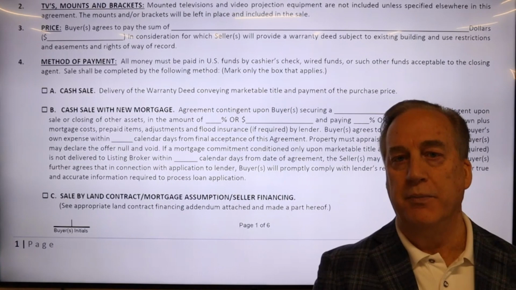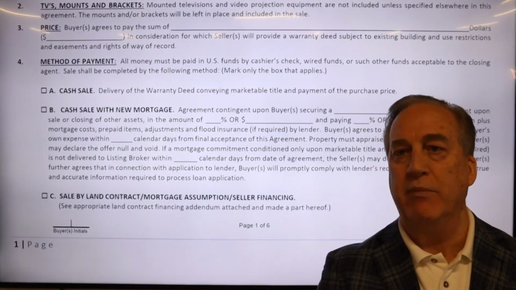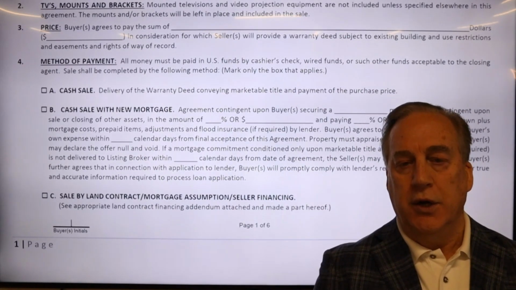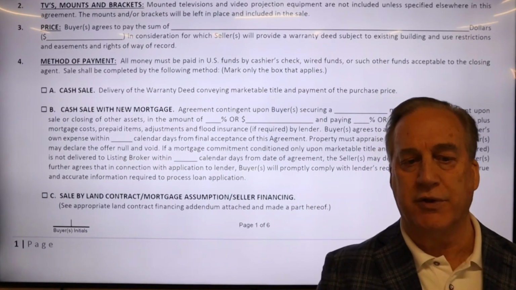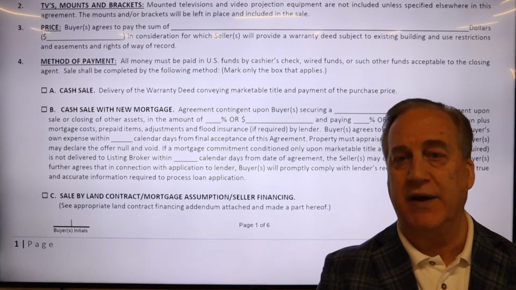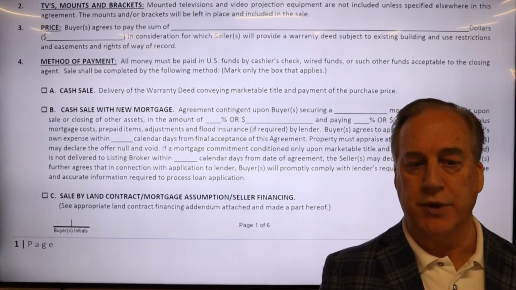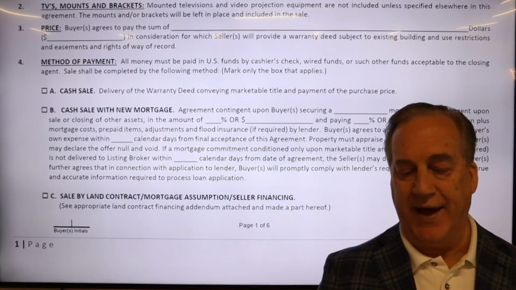Now, what is likely using today's Remind Docs, Transaction Desk, Dot Loop, things of that nature, you're going to find that you simply put in the purchase price, and I use $235,000, put $235,000 in there in the numbers, it will automatically fill out, spelling out the rest of that.